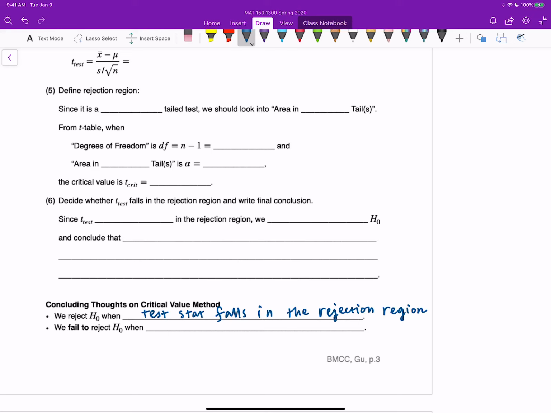We fail to reject the null hypothesis when the test statistic does not fall in the rejection region, or you could simply say falls outside the rejection region. So that's why I highly recommend that you always visualize your rejection region and your test statistic so that it's very easy to see whether or not you should reject or fail to reject the null hypothesis.